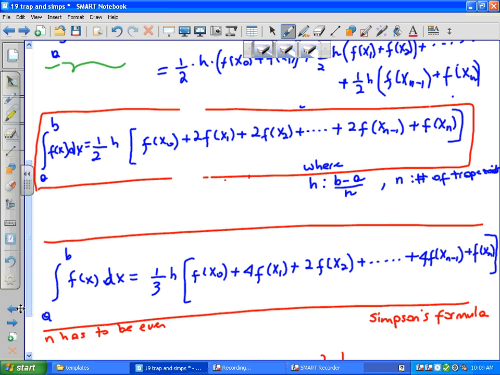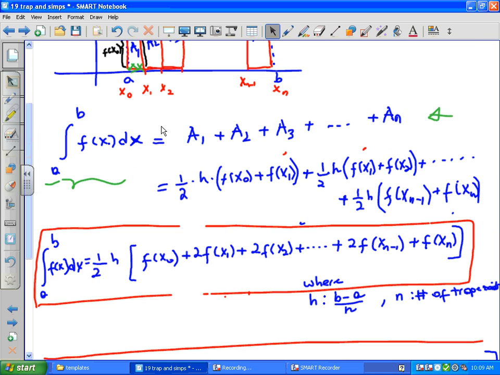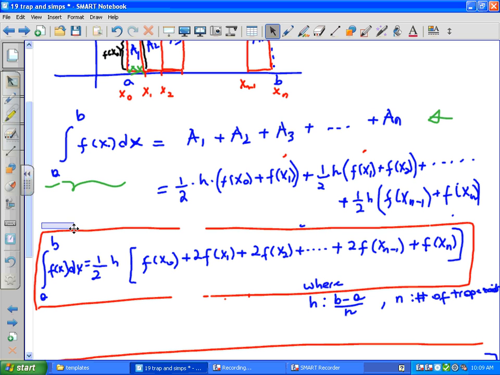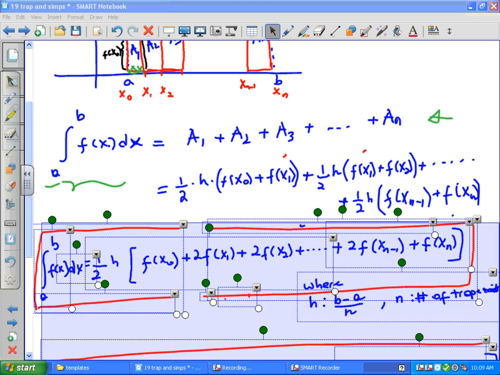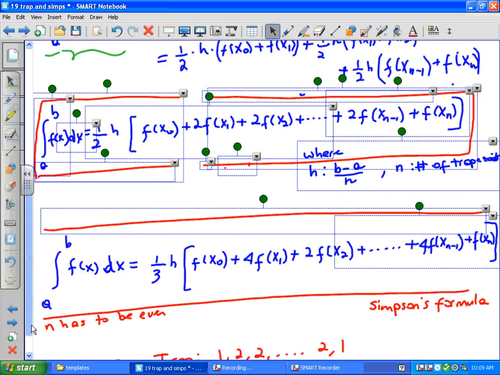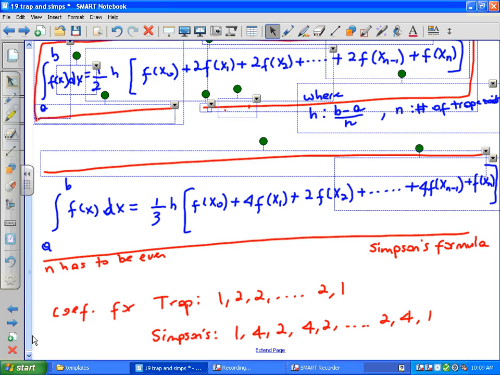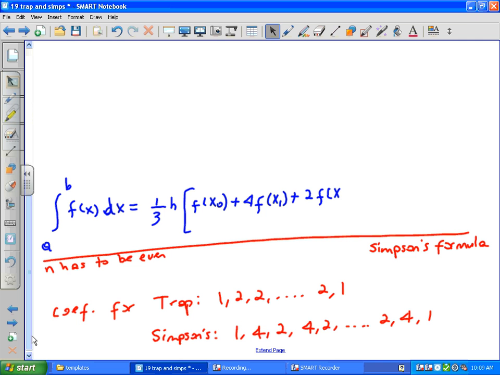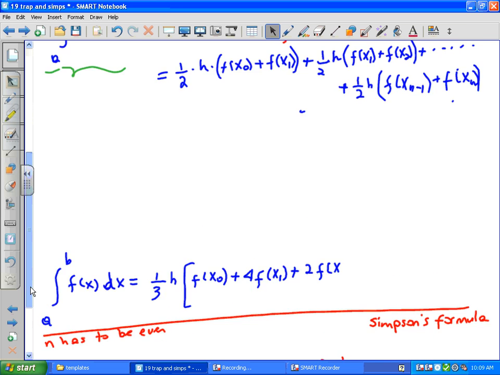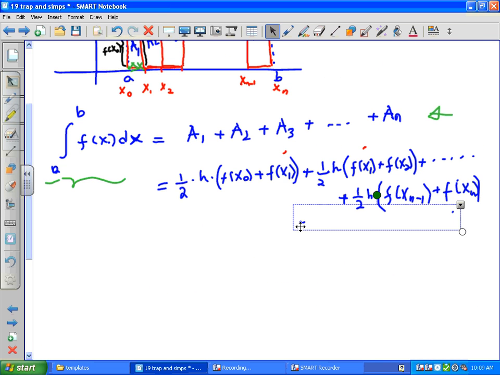Okay, please ignore all of this right now. I'm going to delete all that. Okay. So let's simplify that a little bit more to see where the formula comes from.